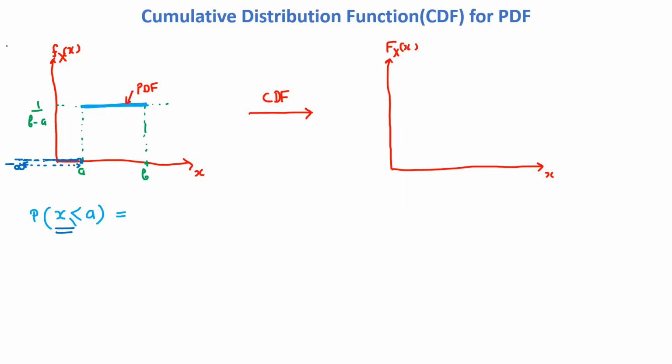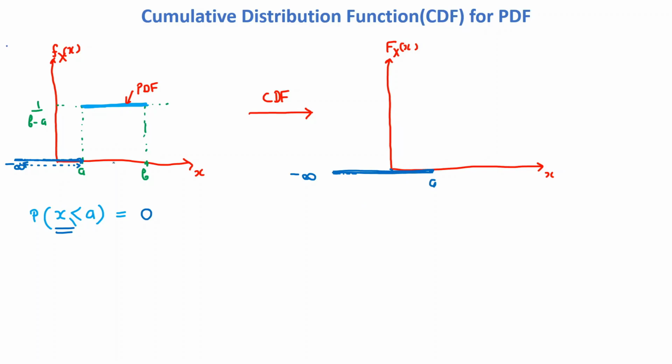If you see this particular line, we are not getting any data corresponding to this region, so the value is equal to 0. So from minus infinity to the point a, your cumulative distribution function will have the value 0.